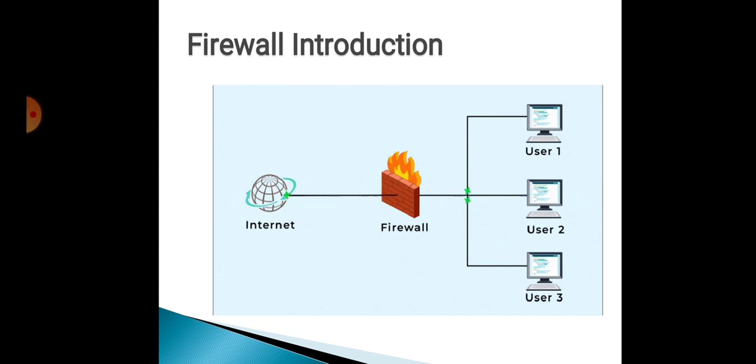The data is moving to the computers from the internet, but the firewall detects the intruders and protects the data and sends it to the computers. The intruders do not pass through the firewall to the systems.